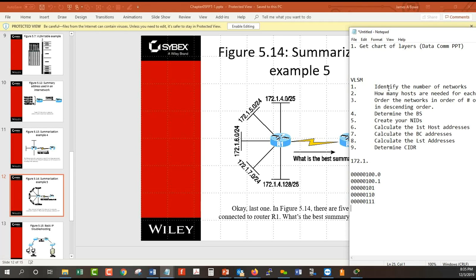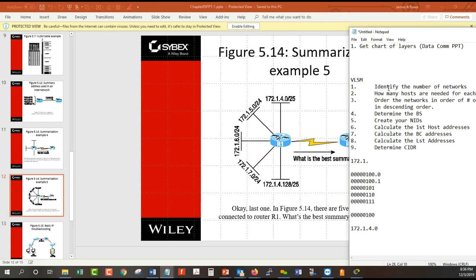And if you ask what that value is, if we go down here, we said that was common to all of them. And I'm going to simply add zeros on the end. So what's common is if I use the summarized address for these 5, 172.1.4, because that's the value that we have right here, that's 4.0.